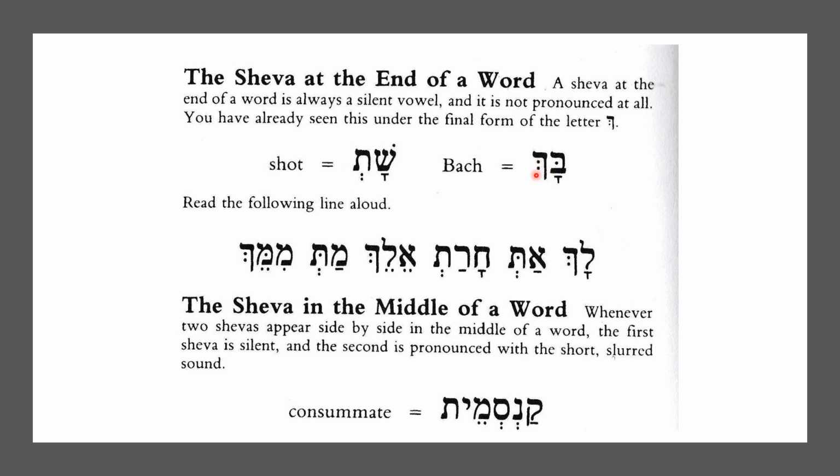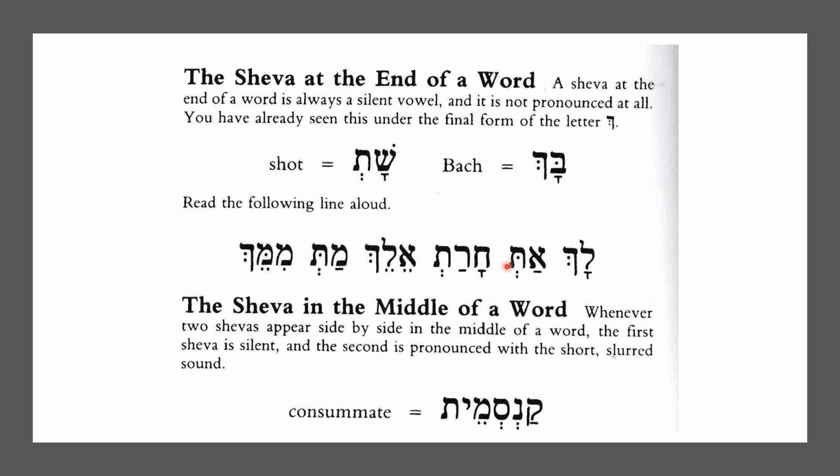It's silent, so it doesn't make any difference. When there's a kamatz vowel inside here, then you would pronounce the vowel. But right now, you just ignore the shava in the final form of the chaf. So this would be bach. This would be shot. Again, silent, so it just ends with the T at the end.